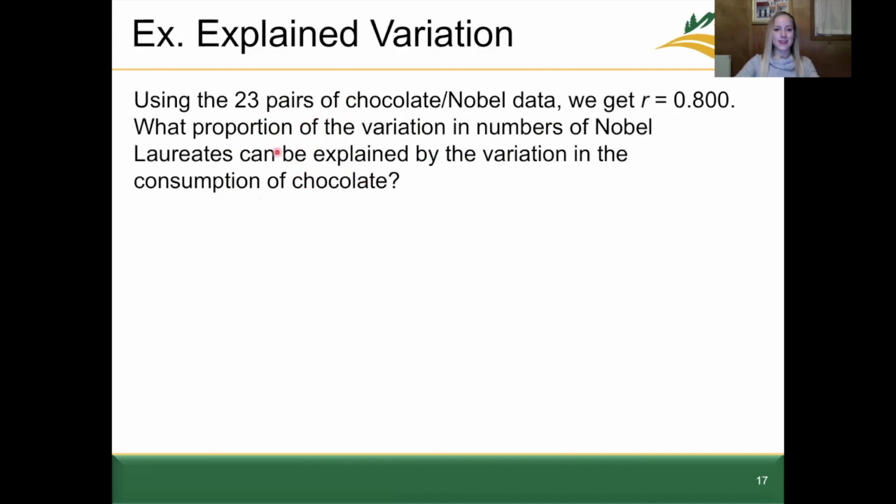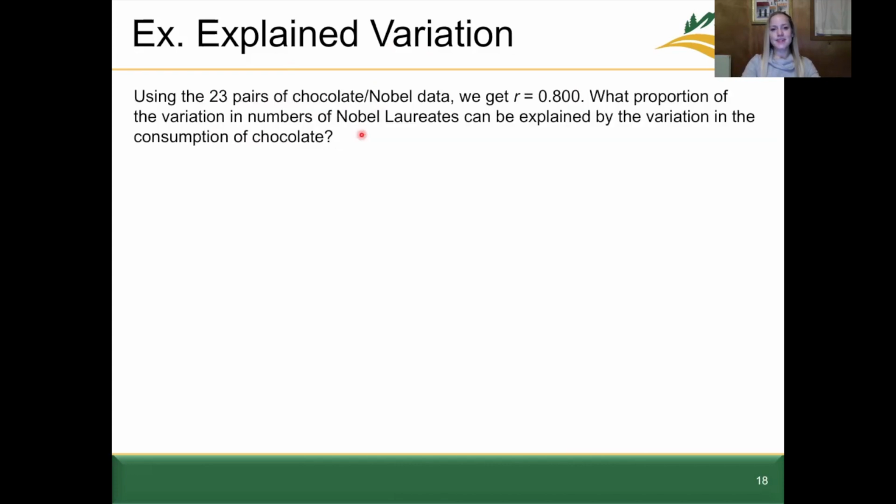Remember, chocolate is our X data and Nobel laureates are our Y data. Then this wording here of the proportion of the variation should indicate to you that we need to calculate an R-squared value. So in solving this, we have our R value of 0.800.